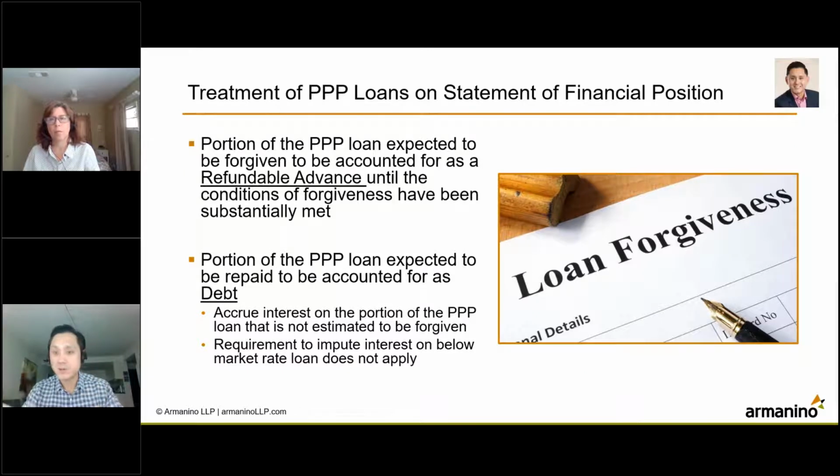So any funds at year end that you haven't spent yet, but you expect to be forgiven, treat it as a refundable advance. The portion that you expect to repay that you don't think you'll incur a qualifying expense on, you treat that as debt, and you would also accrue interest on the portion to be treated as debt. So fairly straightforward balance sheet presentation.